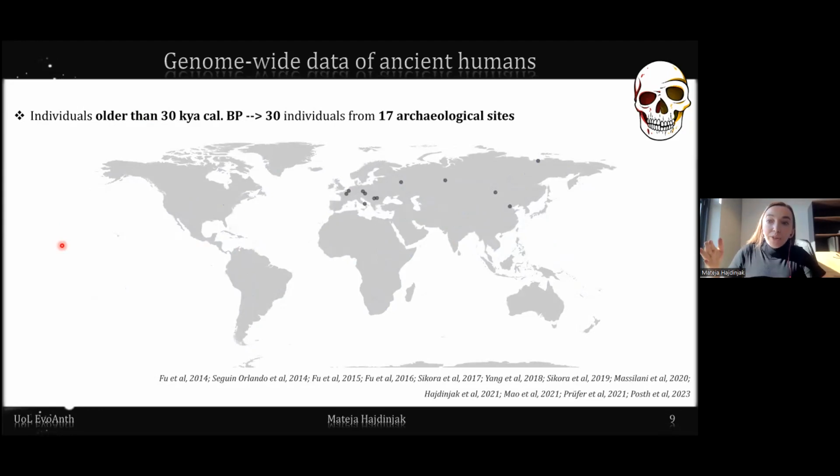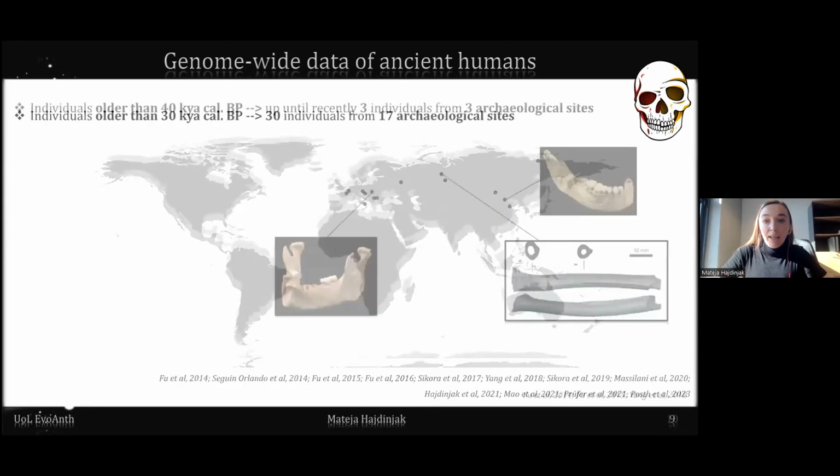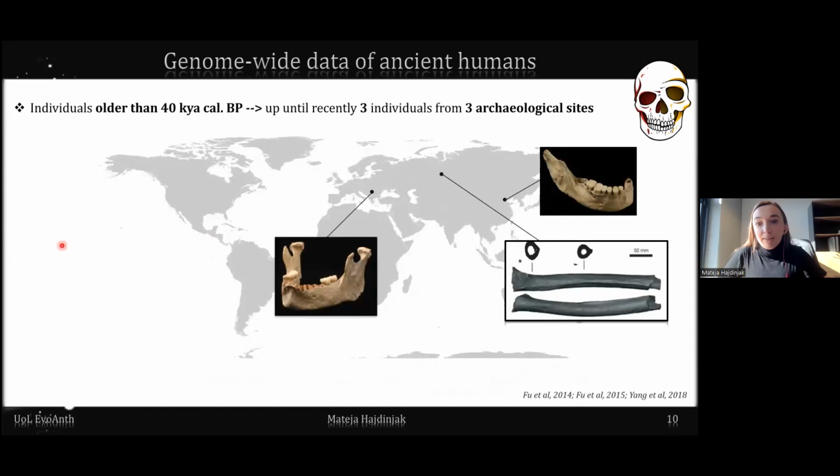So when we move further back in time, the number of individuals from whom we actually have genomic data drops down quite drastically. And if we go even further back in time to the modern humans that are older than 40,000 years, and that they themselves or their immediate ancestors could have met Neanderthals, up until recently, we only had 3 individuals from 3 archaeological sites from whom genome-wide data have been retrieved.